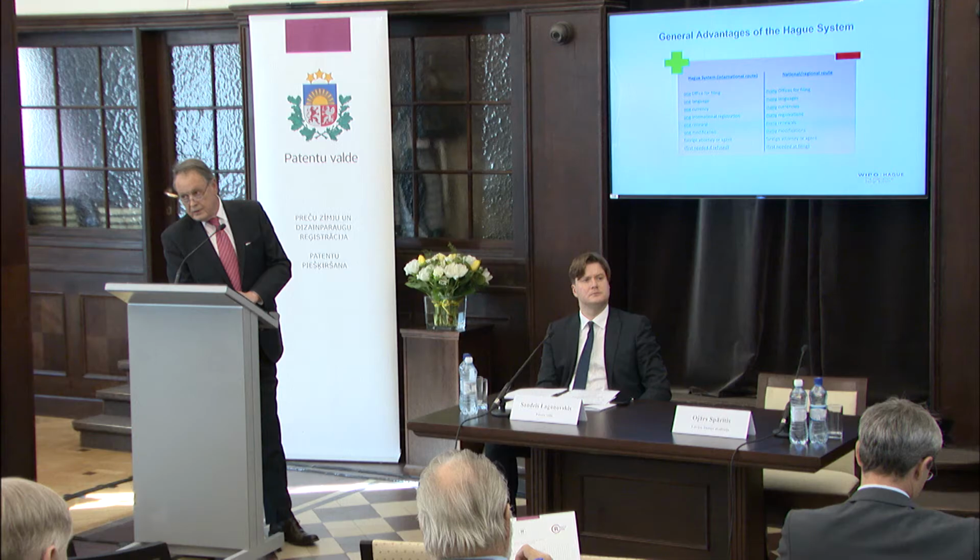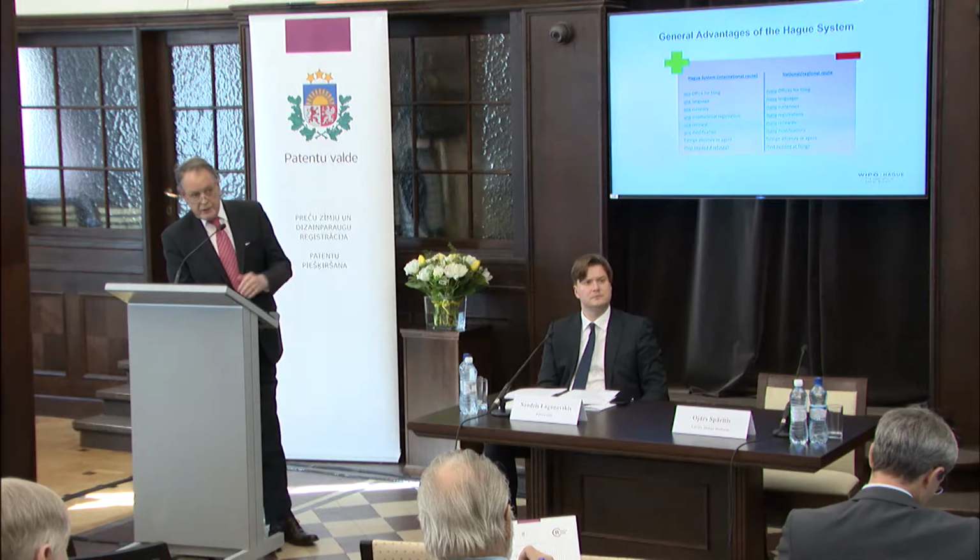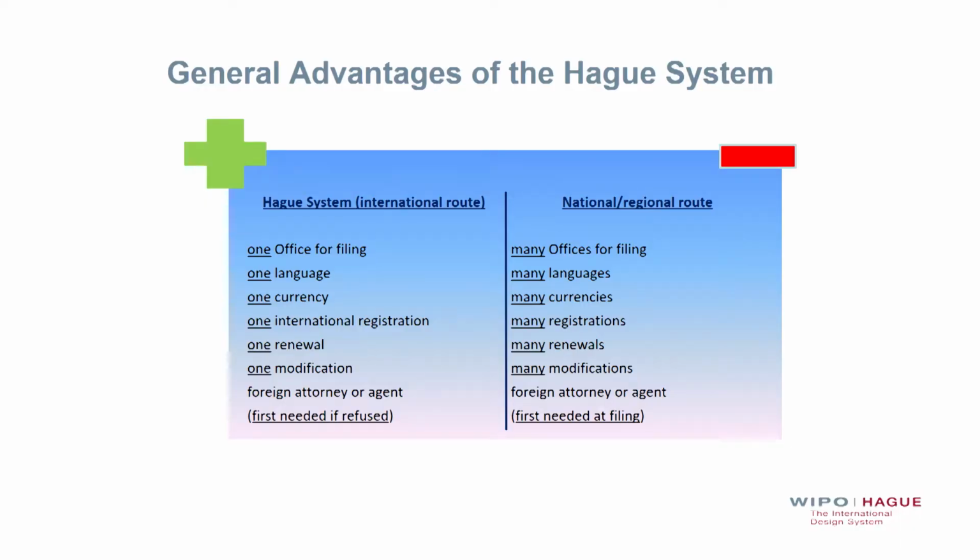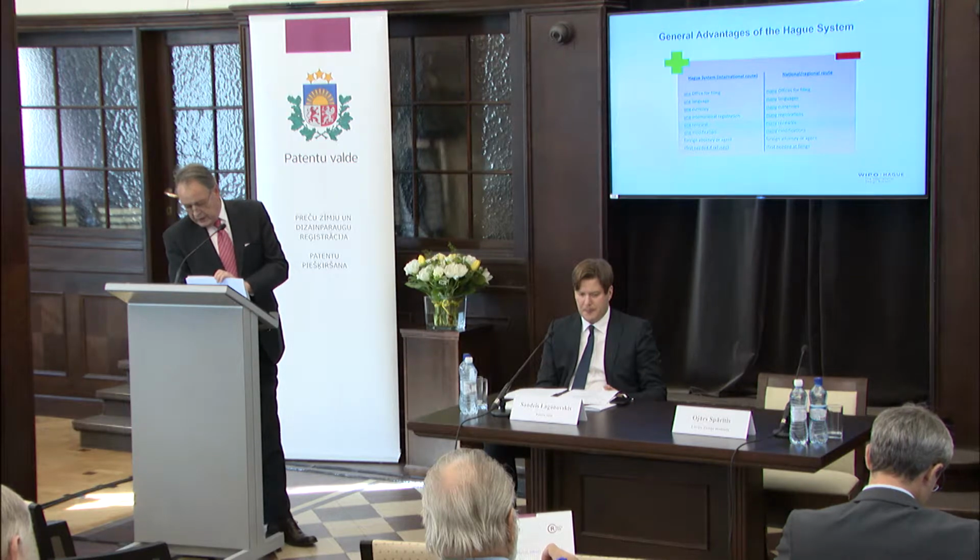Well, just to compare the advantages of the Hague system and national filing procedures. As you see, if you are looking for protection in many jurisdictions, in this case you have many of everything: many offices of filing, many languages to fill in the application, many currencies to pay fees.